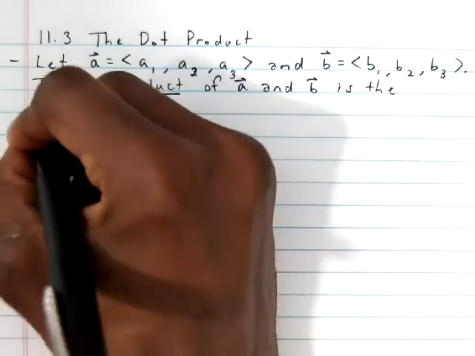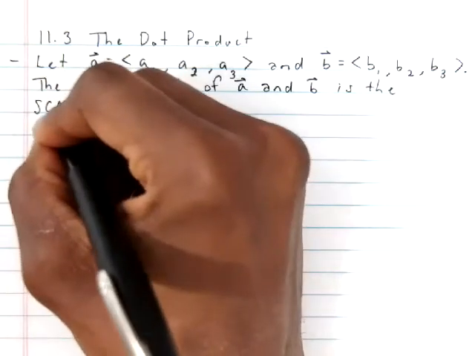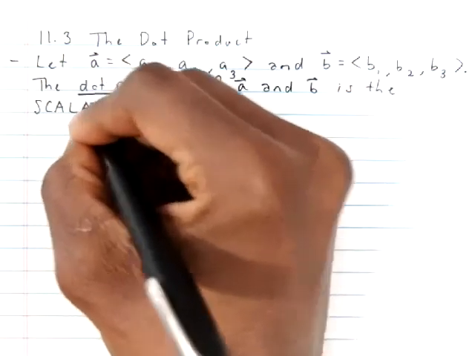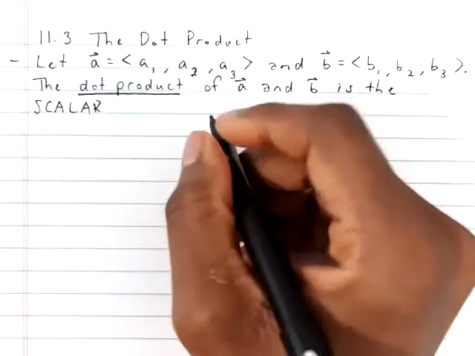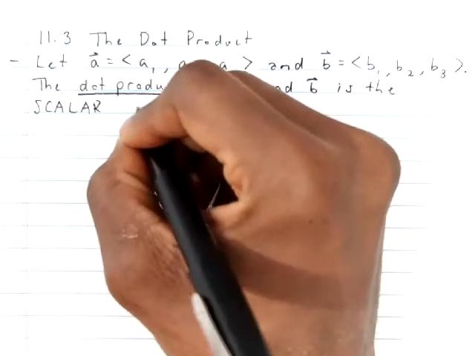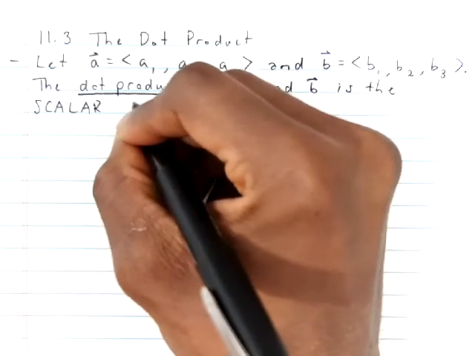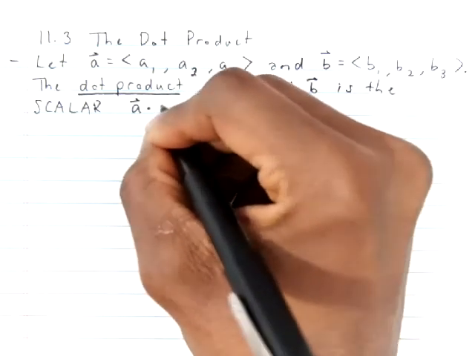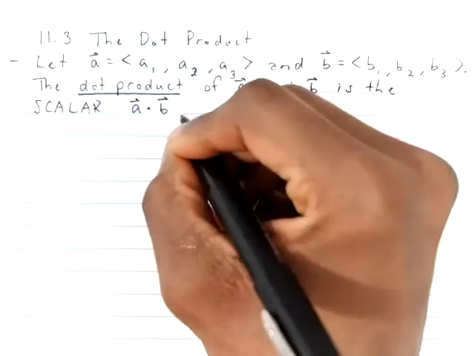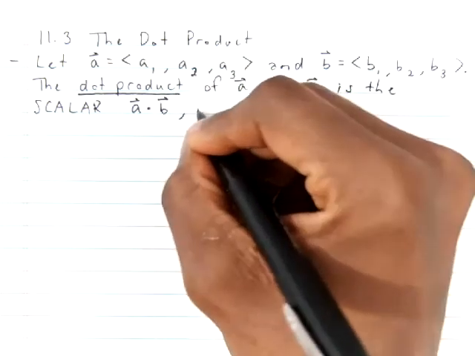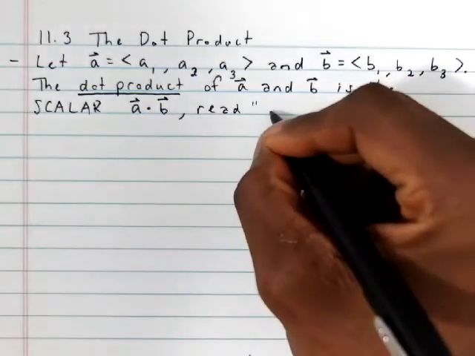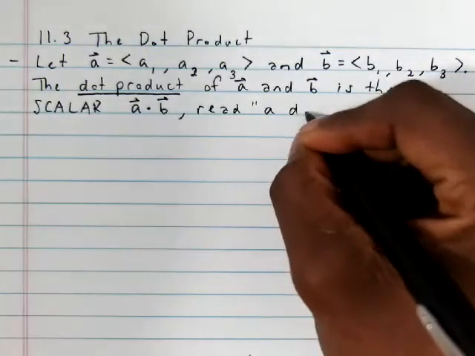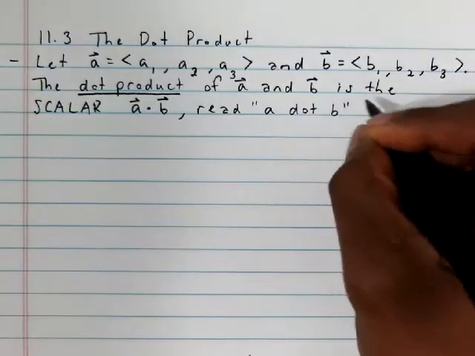We're going to put scalar in all caps so that we remember when we take the dot product, we no longer have a vector, we just have a number. Is the scalar A dot B, and that's red just as that is red. A dot B. Now, why is that important?